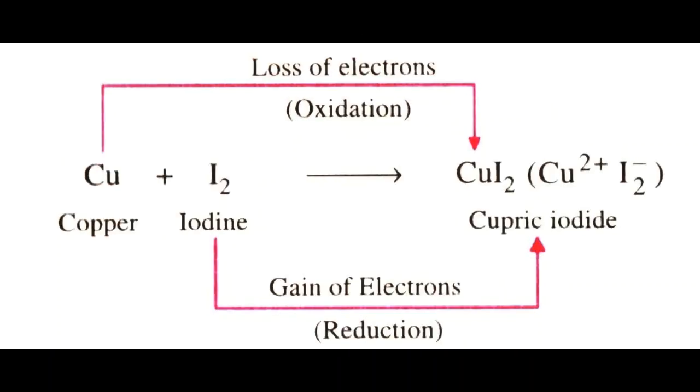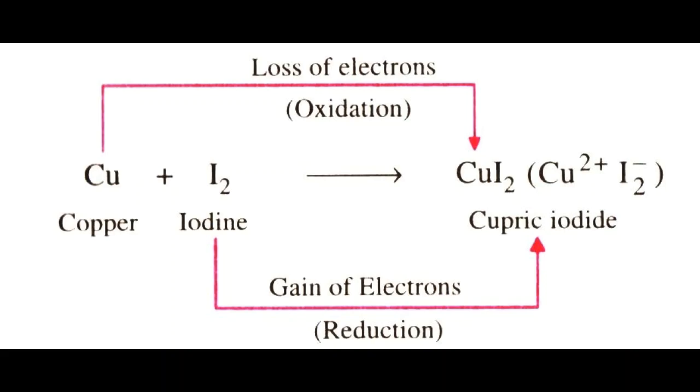Now look at the next example. Here copper and iodine react together to form cupric iodide. Copper, being a metal, has formed a cation, and iodine, being a non-metal, has formed an anion. So copper has lost electrons to form the cation.